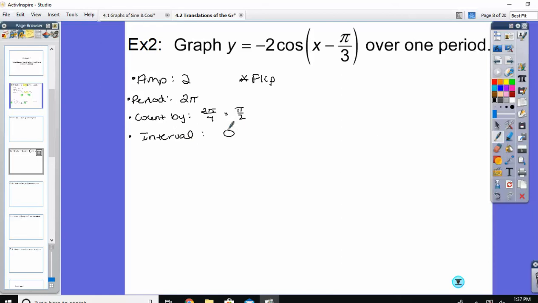So we set it between 0 and 2 pi. And in the middle you put your argument, the x minus pi over 3. So solve for x. If you add pi over 3 to everything, you get pi over 3 less than or equal to x, less than or equal to 7 pi over 3.